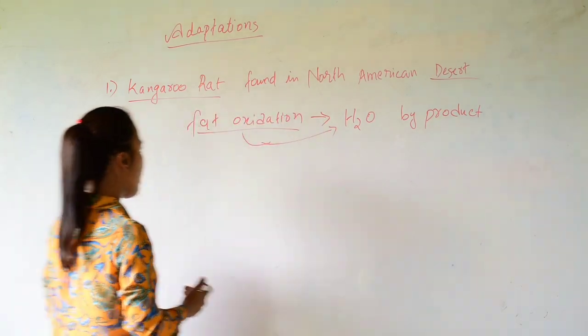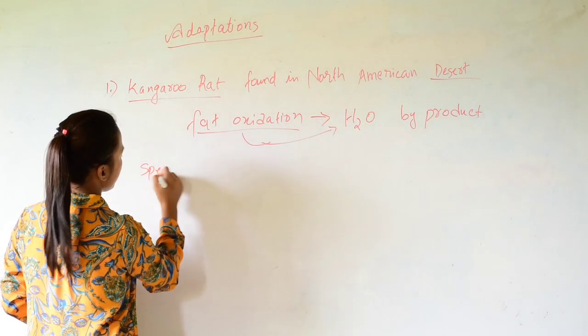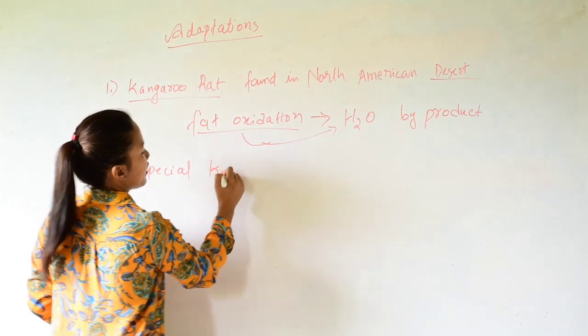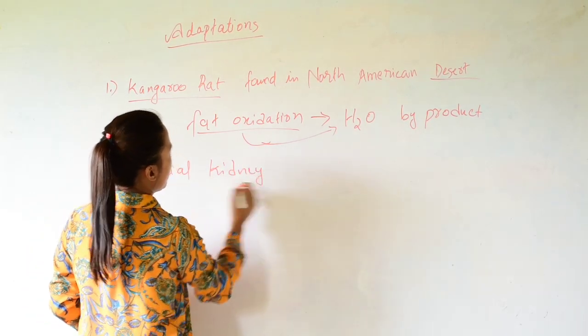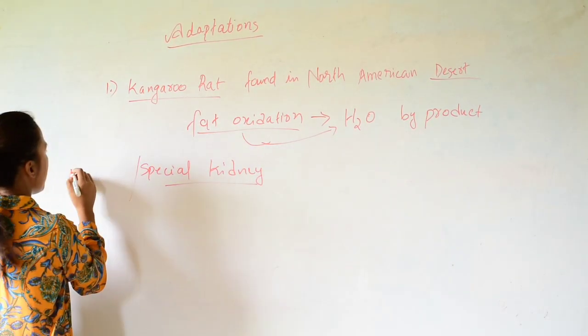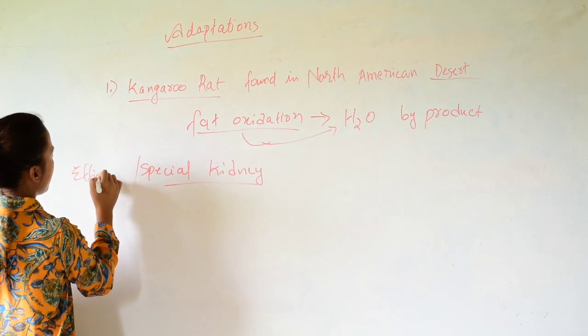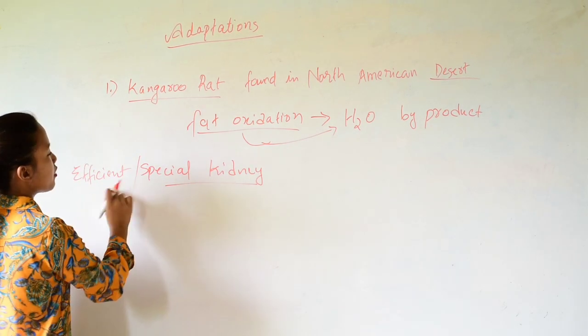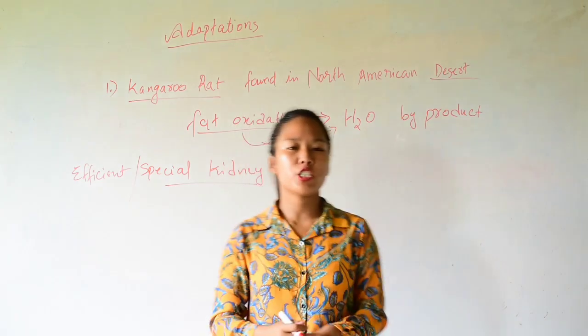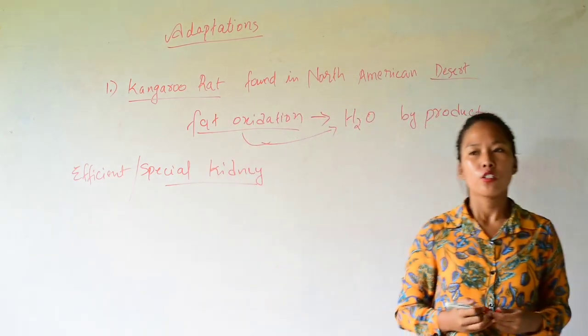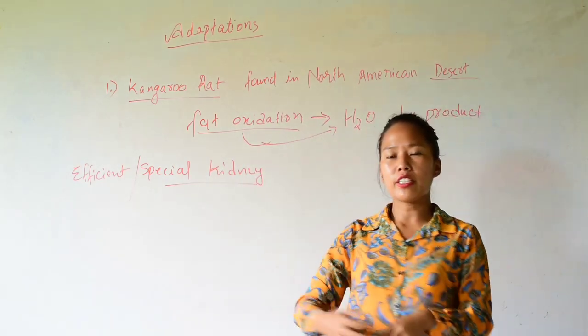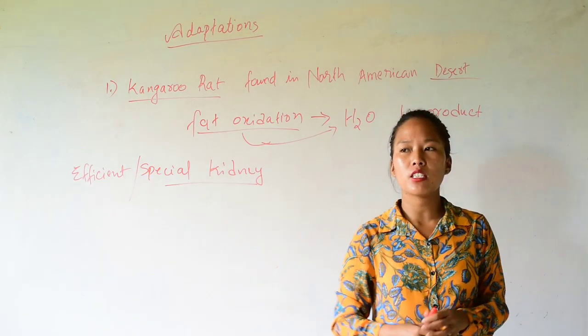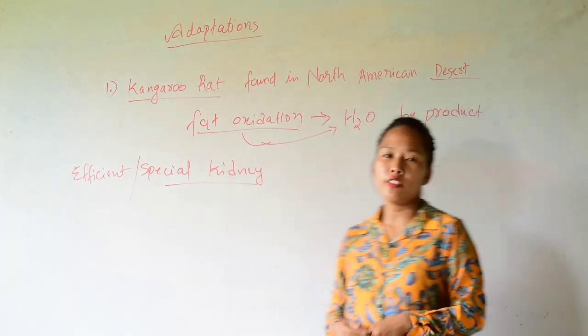And they also have a special kidney, a highly efficient kidney, by which they can concentrate their urine. Concentrated urine means urine in which the amount of water is very less.